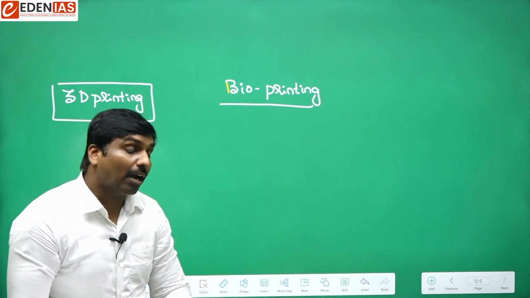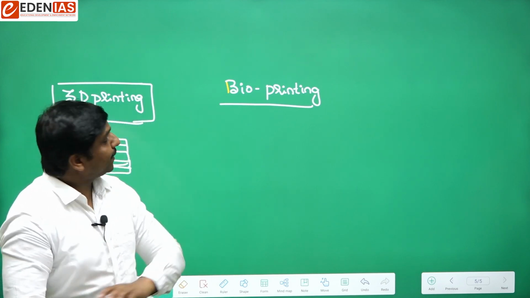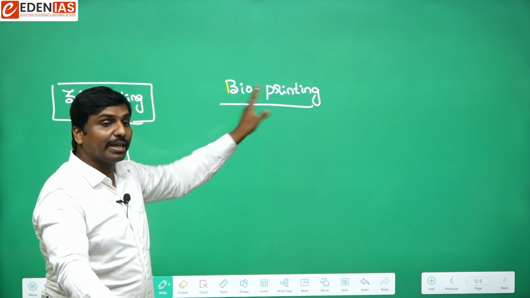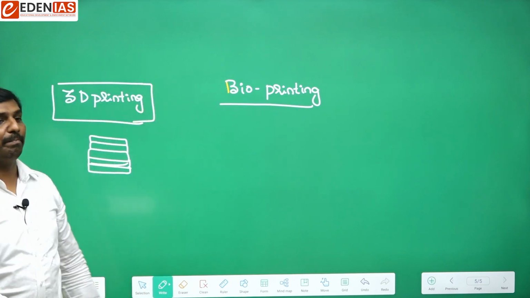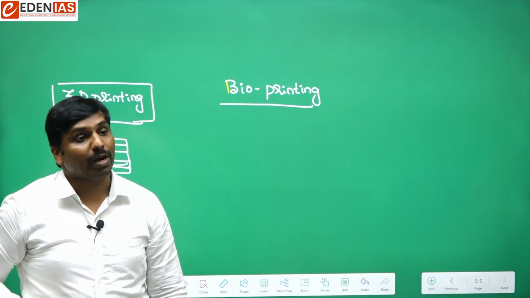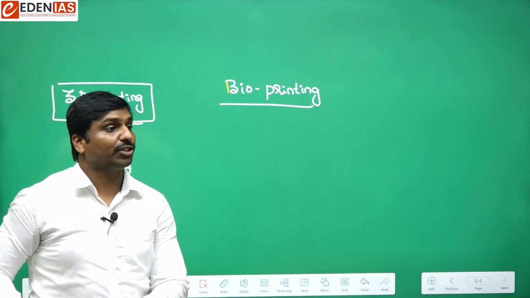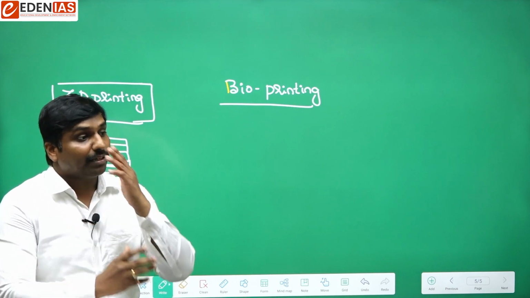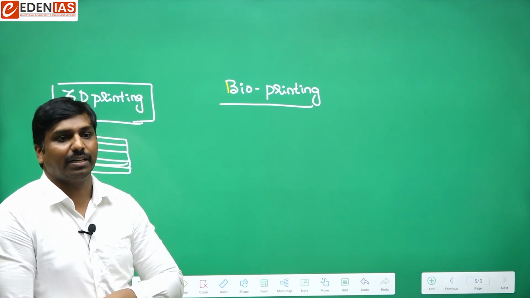Among 3D printing methods, one important method is bioprinting. Bioprinting is one method within 3D printing. So what does bioprinting mean? We can use 3D printing technology to produce various living organs of humans.